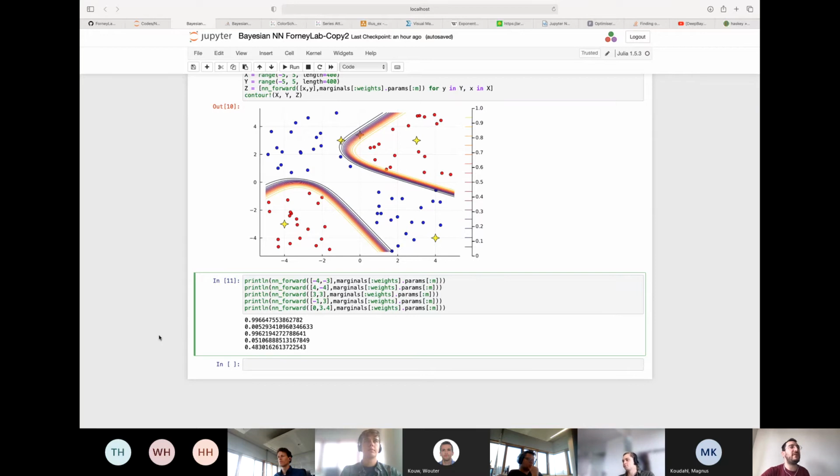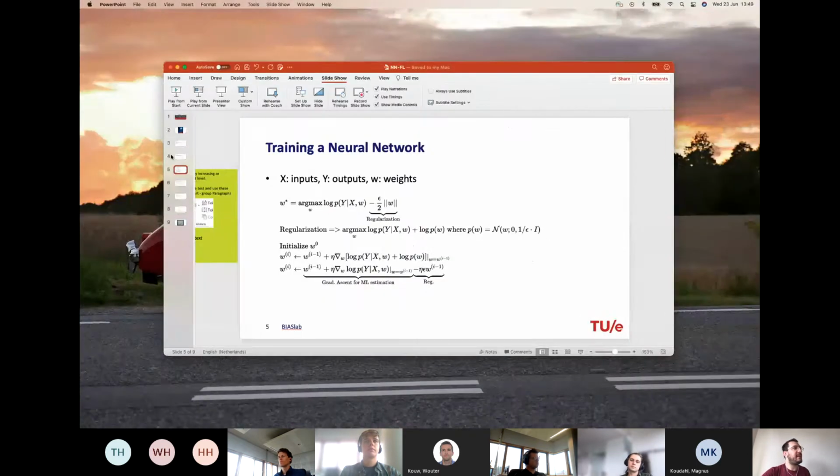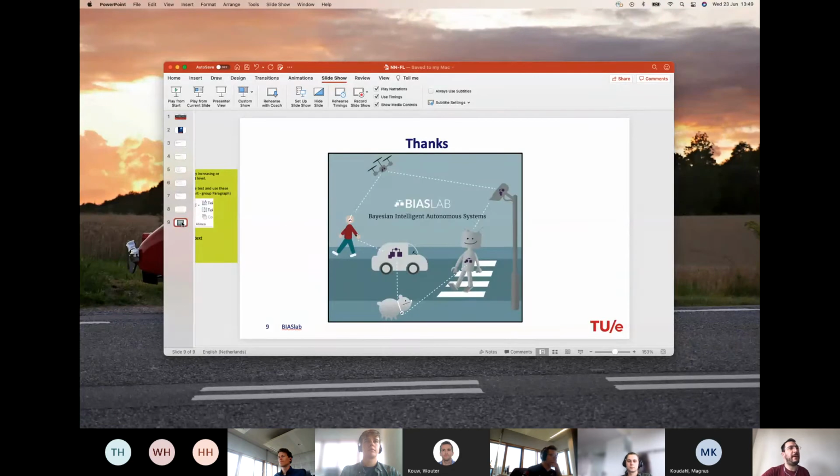So our neural network is not sure about the class of this data instance. So this is the prediction for some test data. These are the results for my presentation.